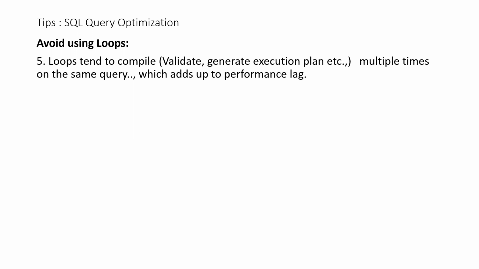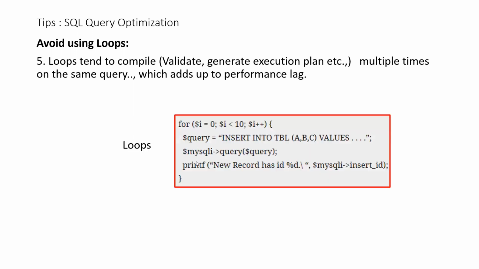When we do a loop, and within that loop we have defined a query and we put that same query in a loop of certain iterations, we are unnecessarily incurring compile time again and again for the same query which we know is already compiled.